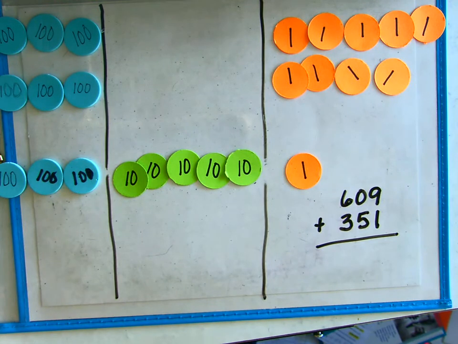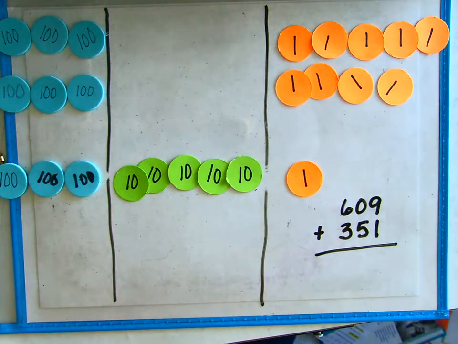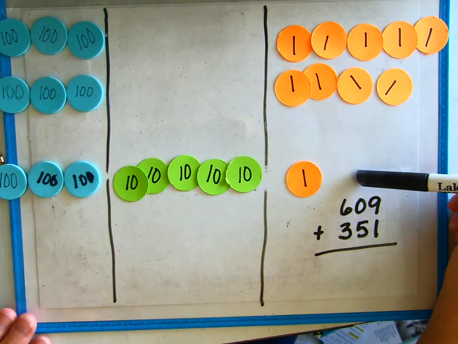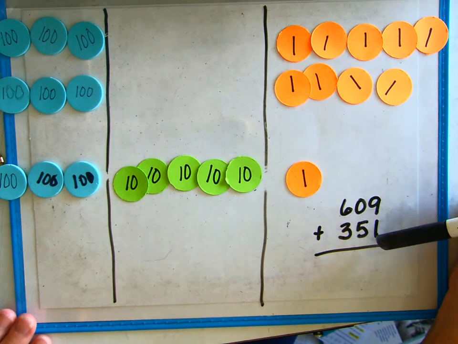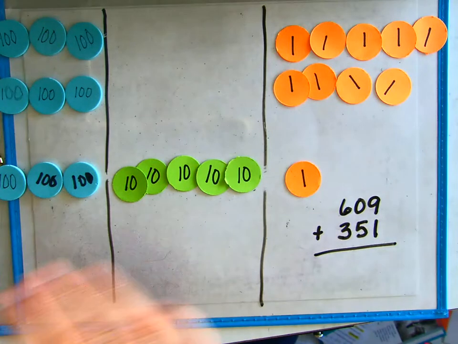Okay, I've got my vertical form. You should have that written in your book. You can have yours side by side. So I have 9 and 1. 9 and 1, that's one of our friends of 10. So 9 plus 1 is going to give us 10. We have 10 ones.